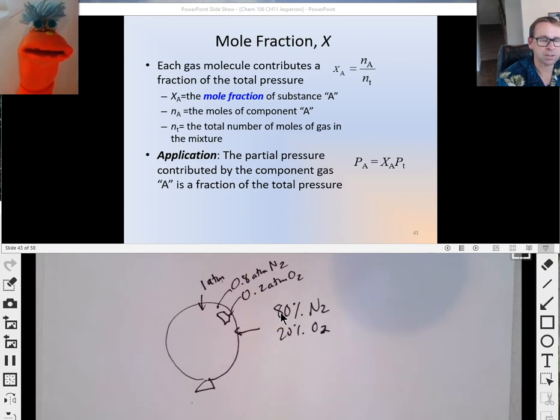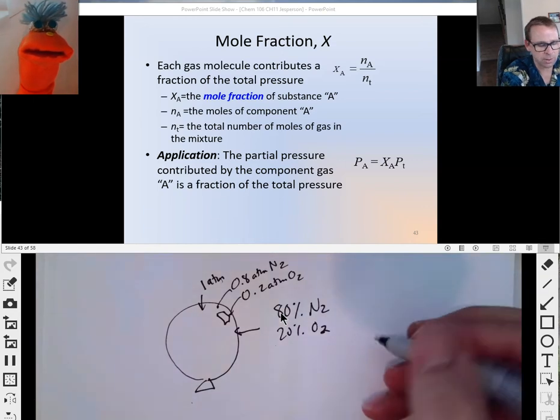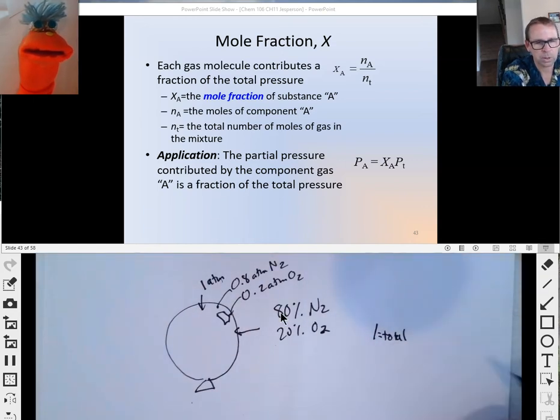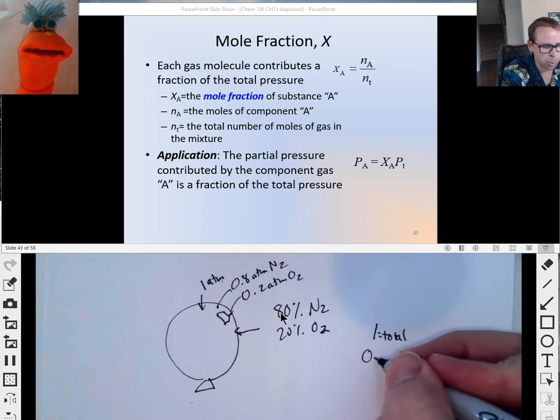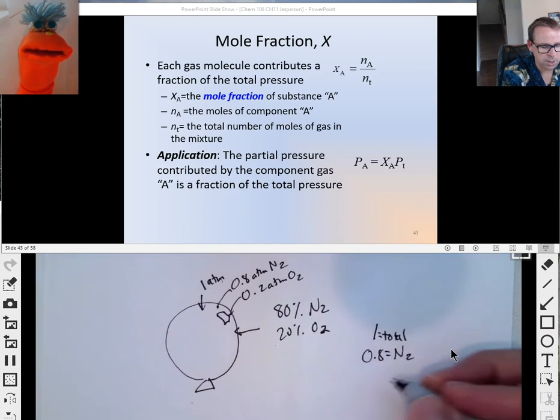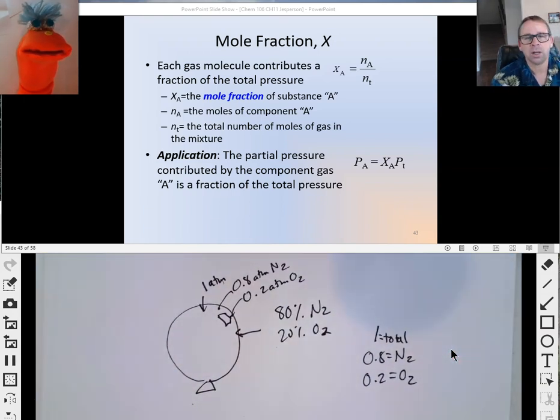Now, fractions aren't percentages. If you think of 1 as being the total, then 0.8 would be the mole fraction of nitrogen, and 0.2 would be the mole fraction of oxygen gas.